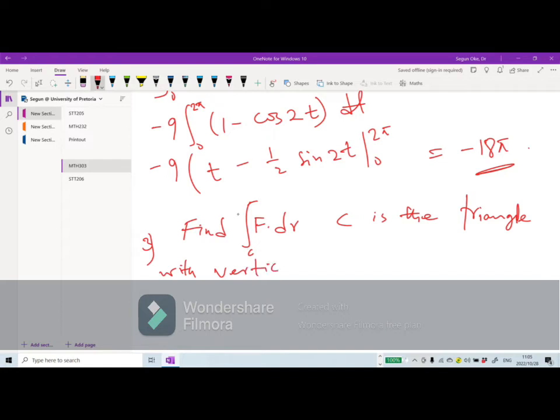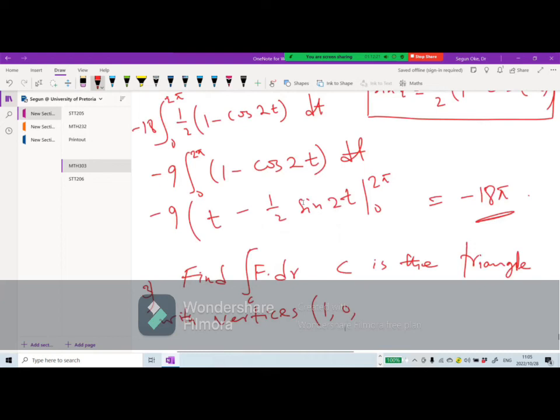Please, sir, before we get to that answer, where we have a minus 18 pi, I think when we integrate cos 2t it should give us a minus sign. Then we already have a minus there, minus cos 2t, so I think it should give us plus.